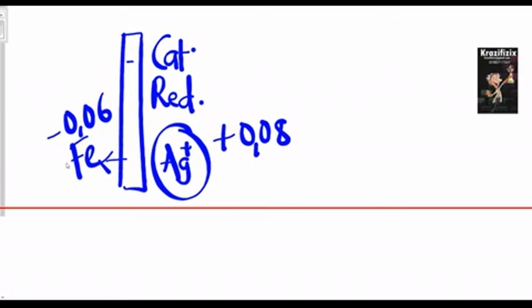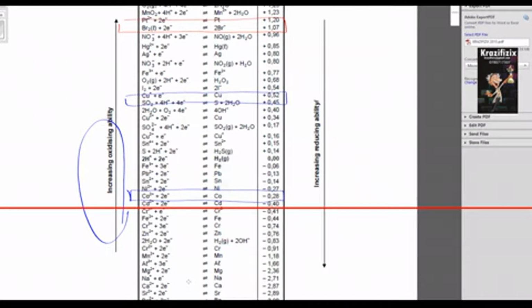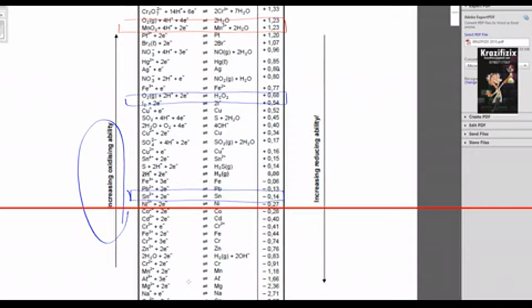If you look at the table, the arrow pointing up says increasing oxidizing ability, which means that our silver is actually a stronger oxidizing agent than iron.